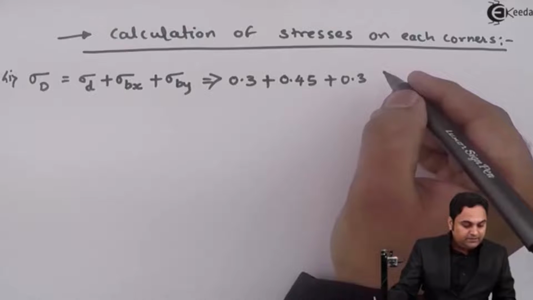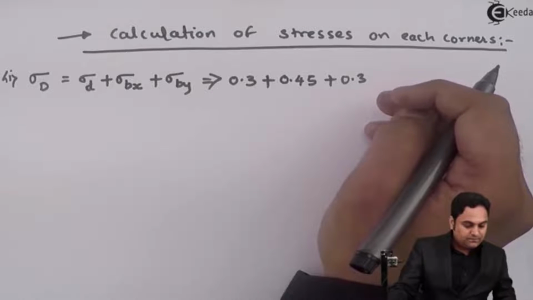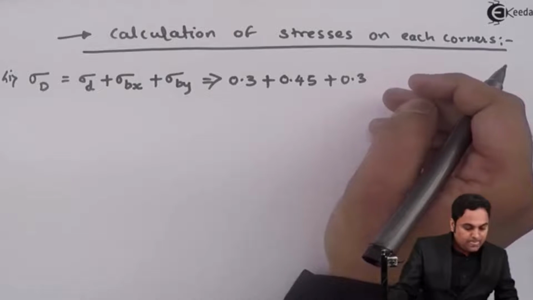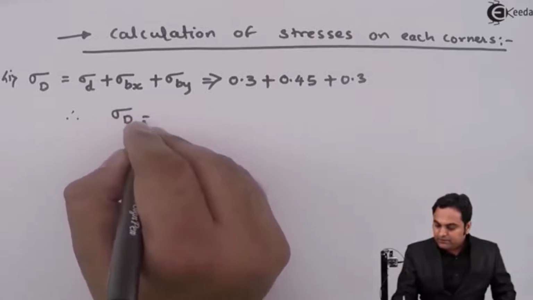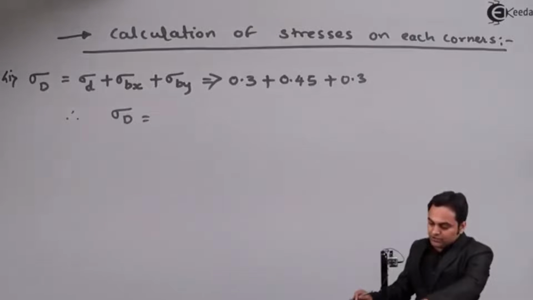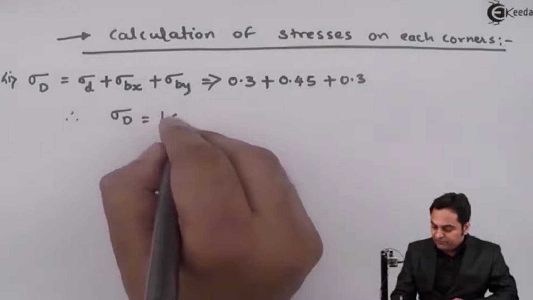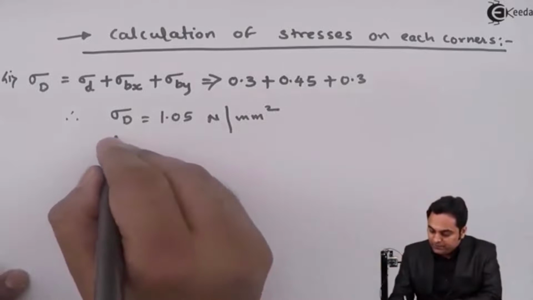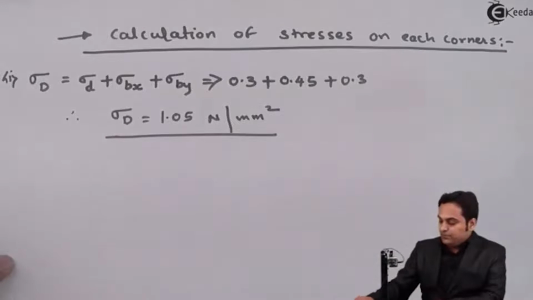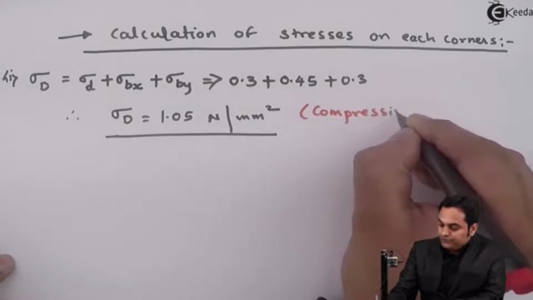So I am getting my first answer, sigma D is equal to 1.05 Newton per mm square. Now as this answer is positive, it means there is compression at point D.